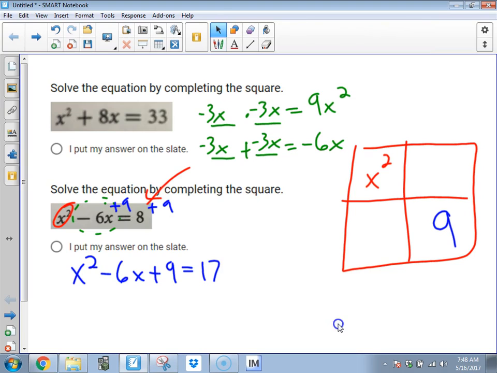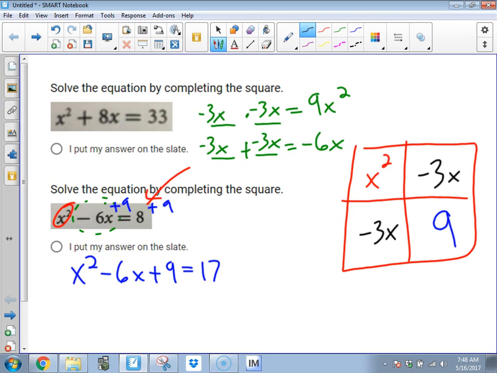Now I'll go back and fill out the rest of my box here. I know this is supposed to be negative 3x, and this is supposed to be negative 3x. And I know that the greatest common factor, or the biggest amount I can divide the top row by, is x. Then x times x is x squared.